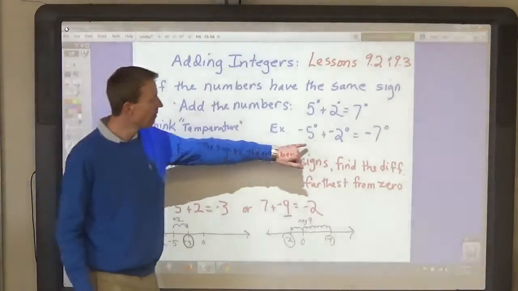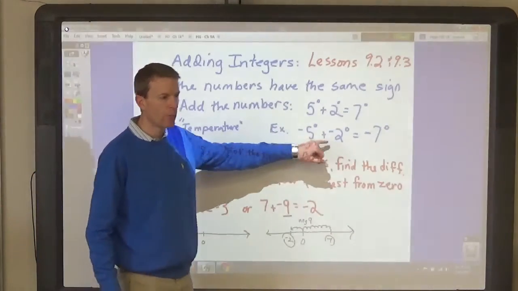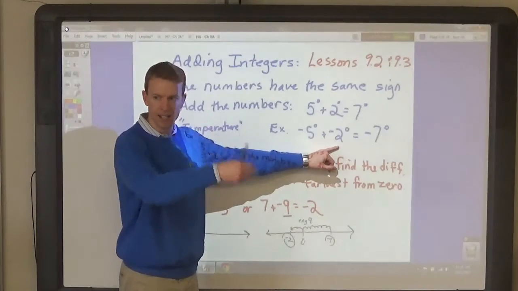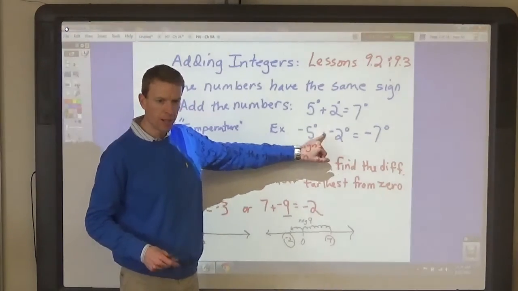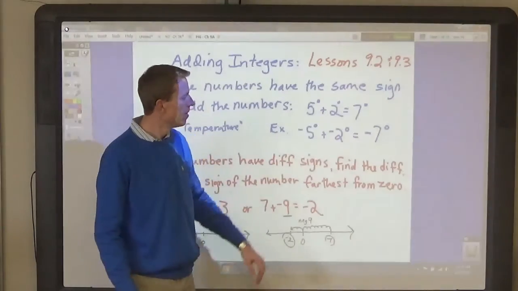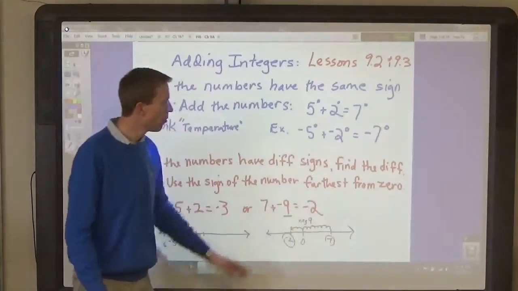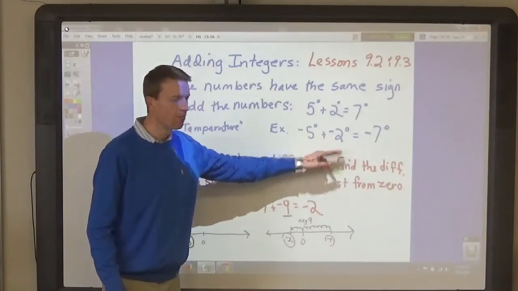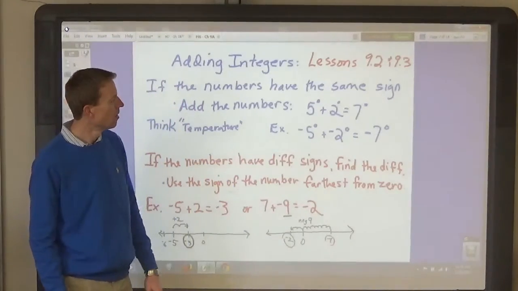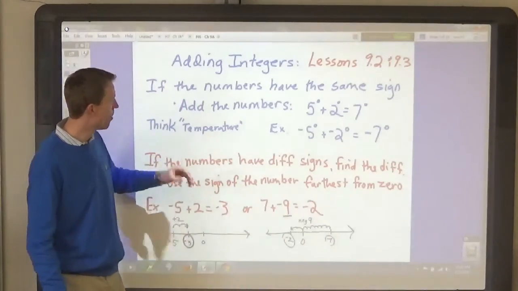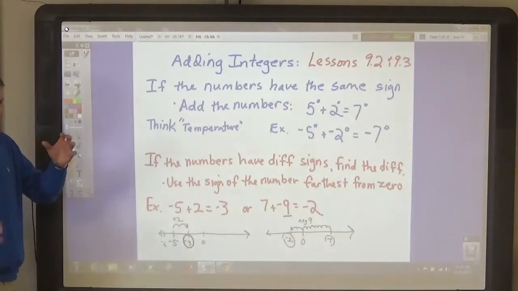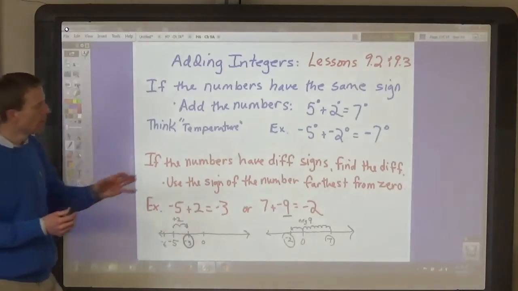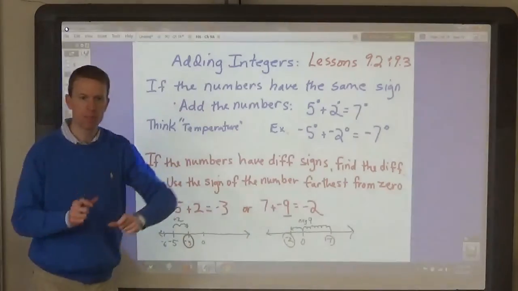What if it is negative 5 degrees and we add a negative, meaning that we add, it goes more negative. Then it's negative 7 degrees, but we get it by adding 5 plus 2. So if both numbers have the same sign, then we add them, we combine them, kind of like combining their absolute values.